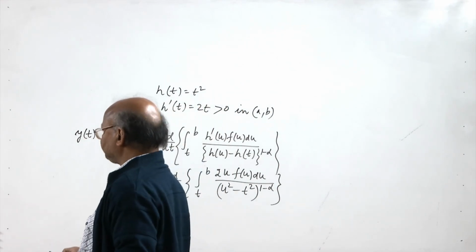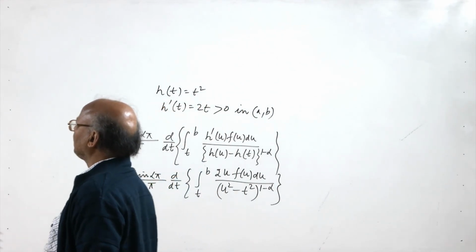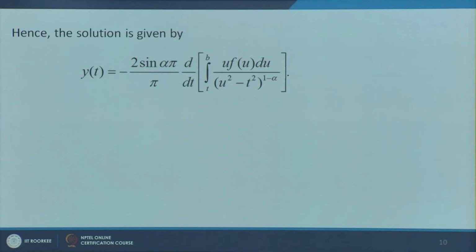So we get the solution of the integral equation as φ(t) equal to minus 2 sin(alpha pi) over pi, d over dt of the integral from t to b of u f(u) du over (u square minus t square) raised to the power 1 minus alpha.